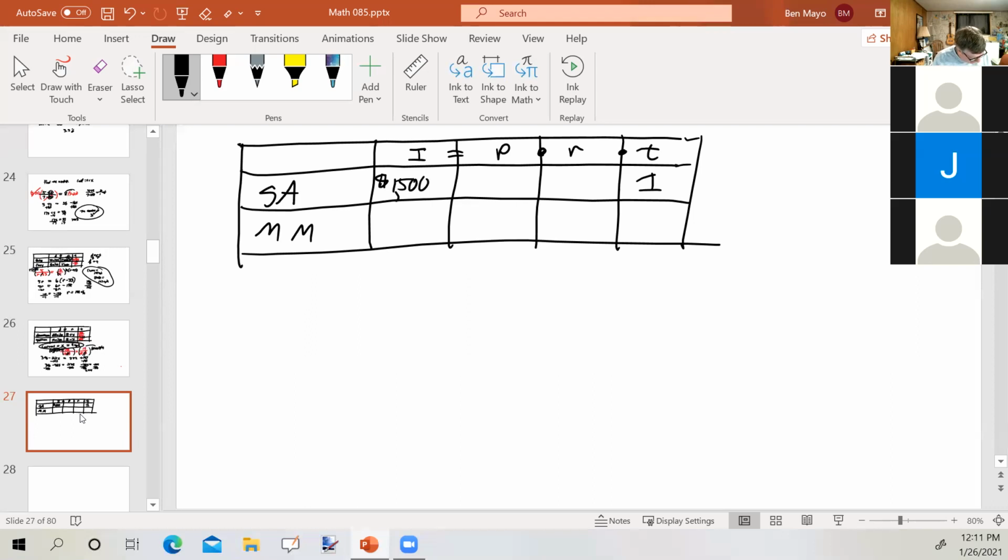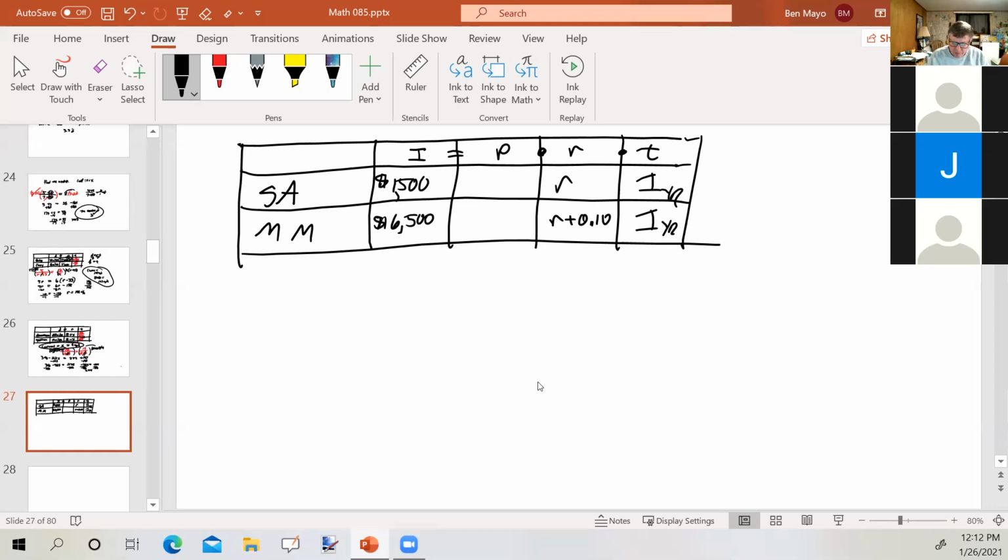That same amount of money invested in a mini mall development will earn $6,500 in a year. Okay, because the interest paid is 10% more than that paid by the savings account. So if this is R plus 10%, and I wrote that as a decimal of 10%.